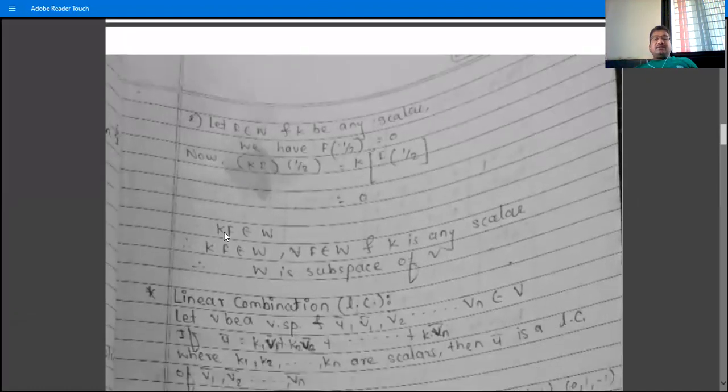Now F of 1/2 is 0, as F belongs to W. Consider (Kf) of 1/2, because we have to show Kf belongs to W. By the definition of scalar multiplication in functions, (Kf) of 1/2 is K times F of 1/2, and F of 1/2 is 0, and K into 0 is 0. So (Kf) of 1/2 is 0, and therefore Kf belongs to W.